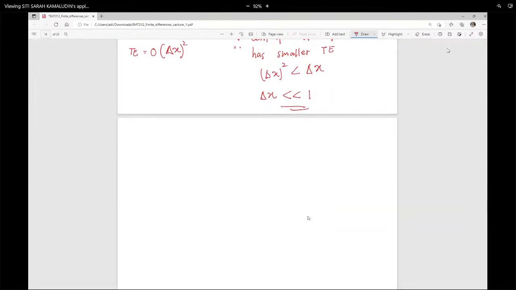I think the Taylor series should be something like f(x plus delta x) is equal to f(x) plus delta x f prime, and so on.